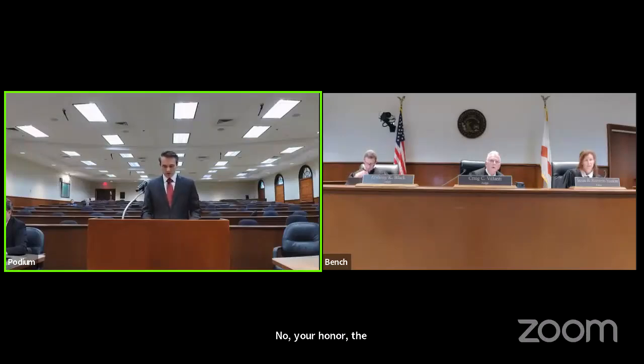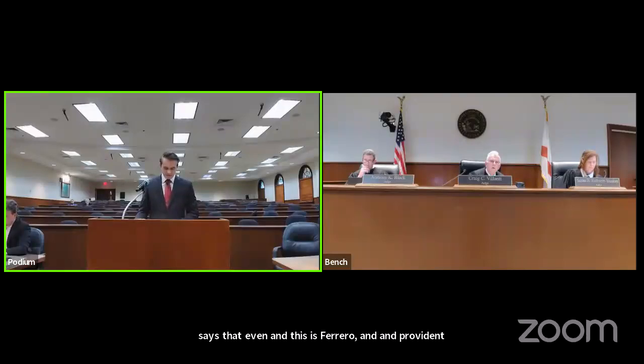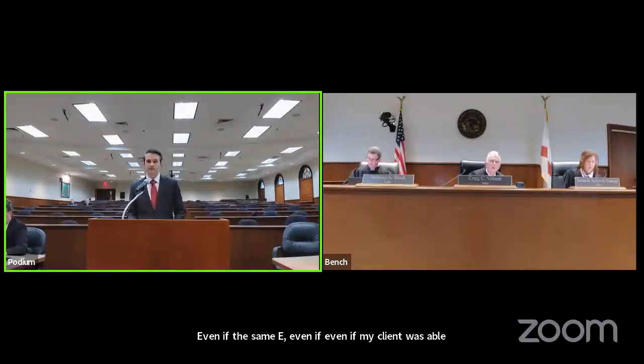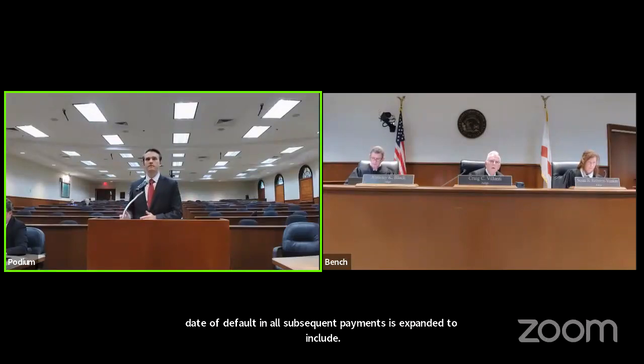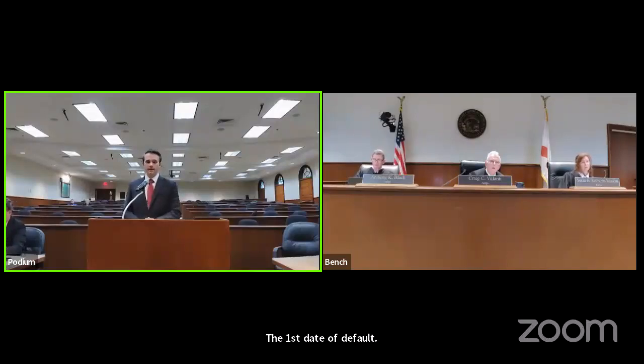With respect to the separate dates of default, there's case law that says, and this is Ferrero and Provident Funding adopting, that even if my client was able to allege the exact same dates of default and any and all subsequent payments, then the meaning of the date of default and all subsequent payments is expanded to include the continuing missed payments that have occurred between the first date of default, the end of the first action, and the second date of default that is alleged in the second action.